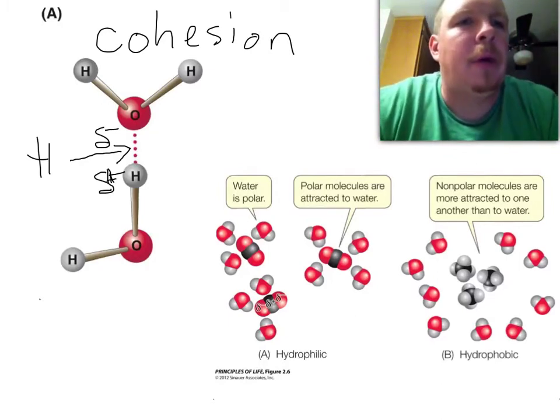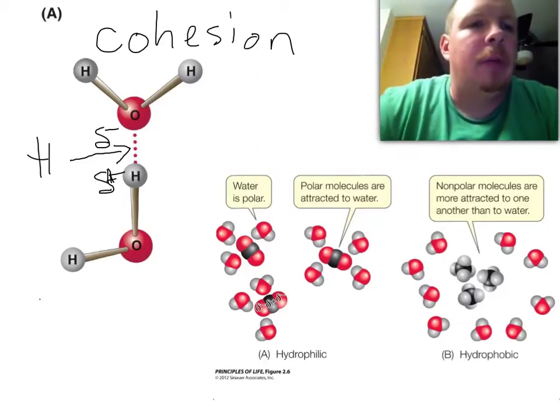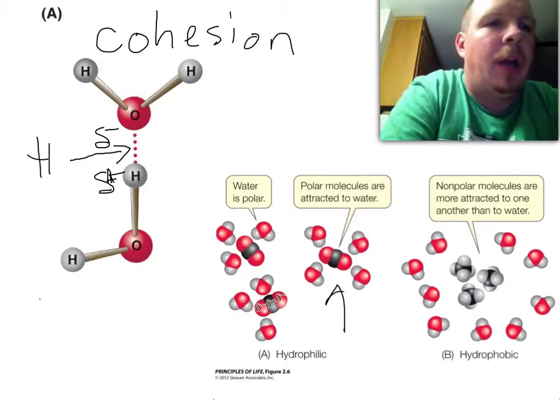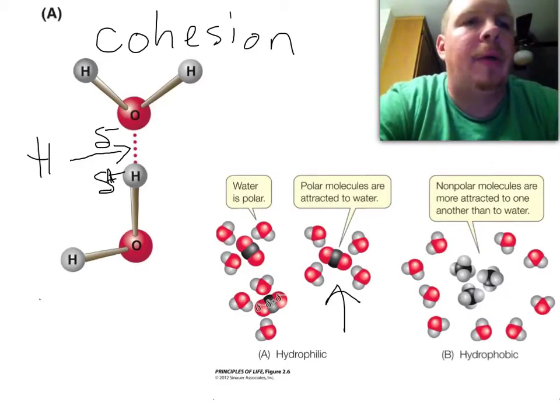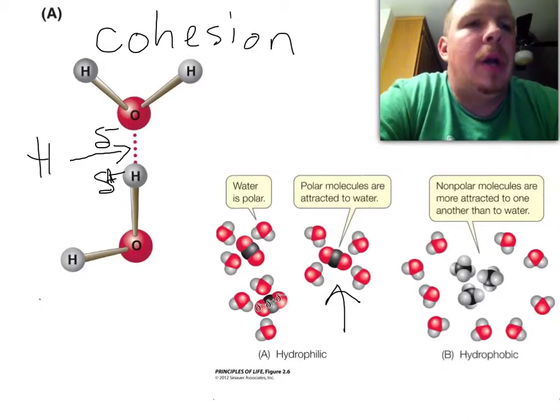The other picture down below is also from your book, and it says water is polar. Go figure, we just explained why. Water is attracted to itself, to other water molecules, and it's also attracted to other polar molecules. So this diagram right here shows water surrounding a polar molecule.